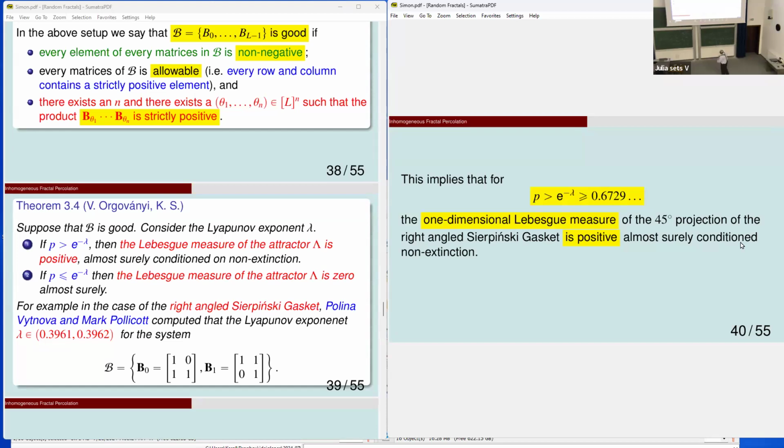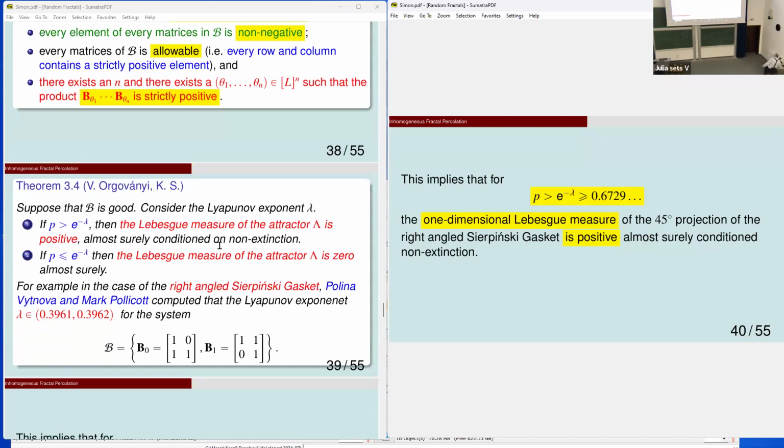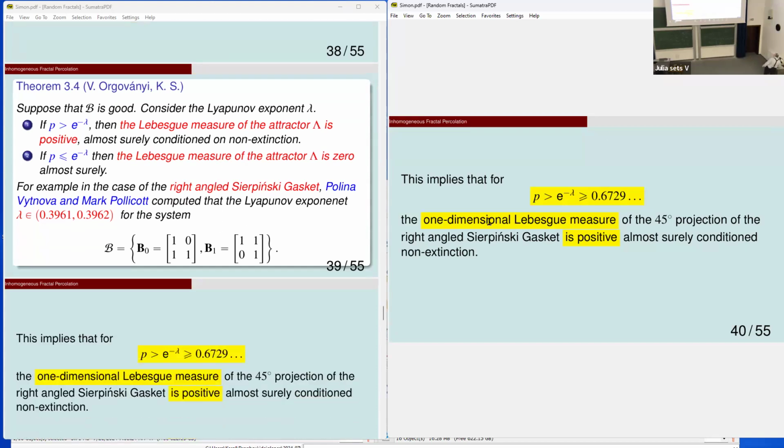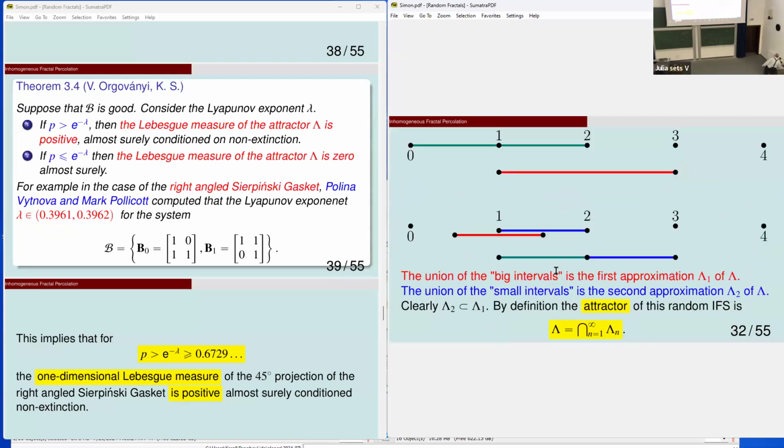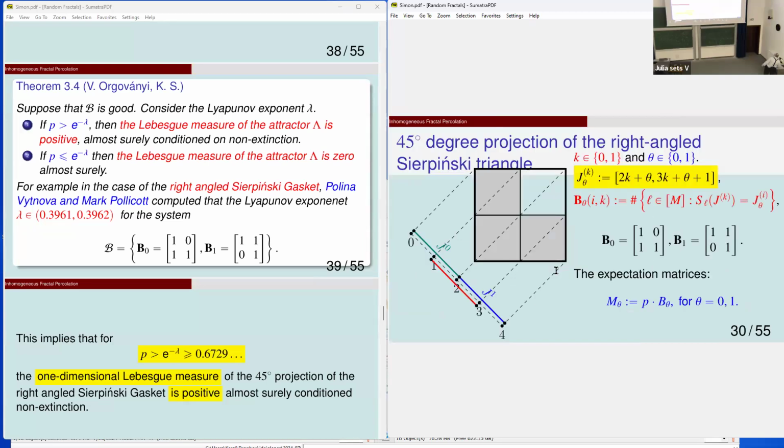If you don't remember what the right angle Sierpinski gasket was, maybe I can show you again. The right angled gasket was this. It's here. This was the right angle Sierpinski gasket. And the 45-degree projection, these were the matrices.